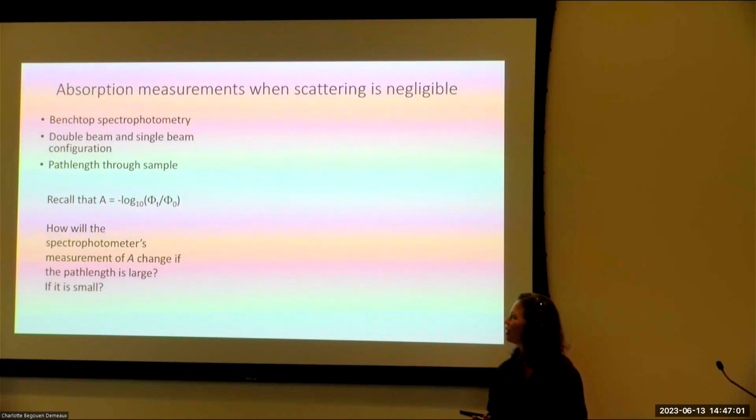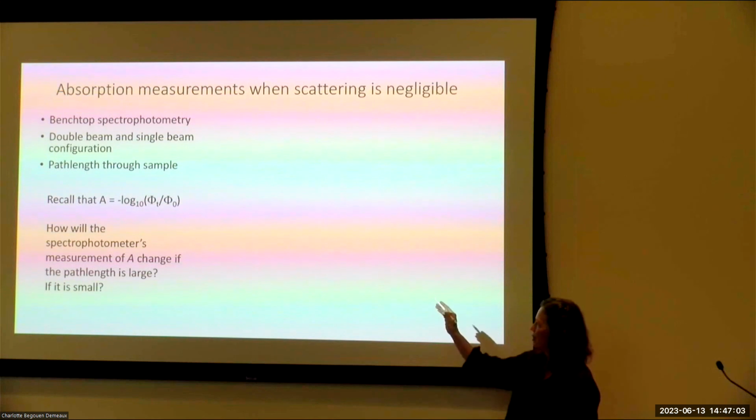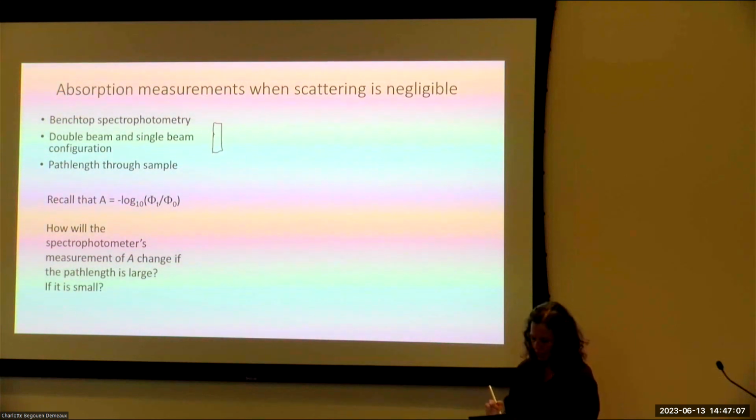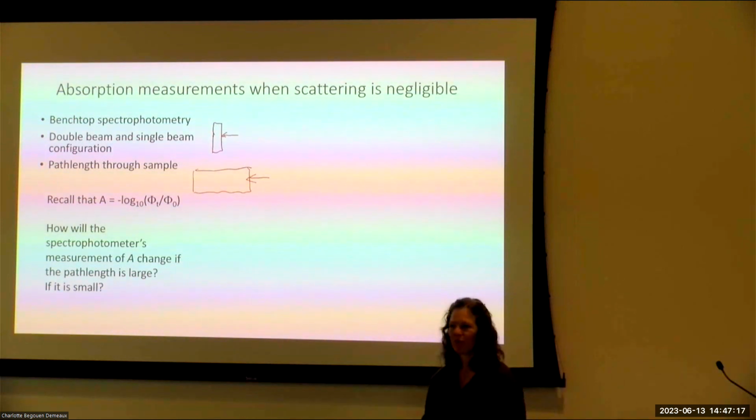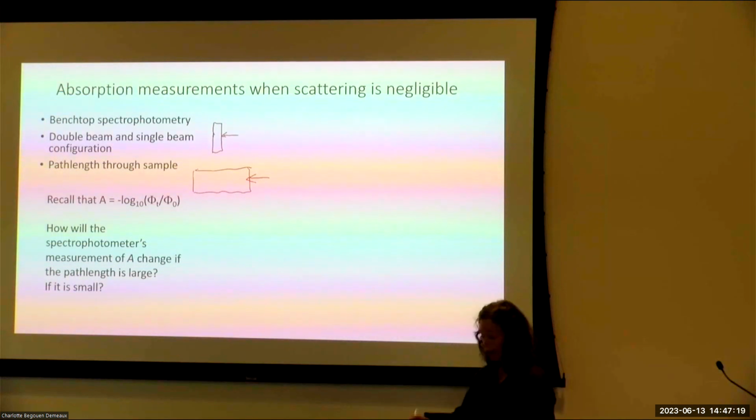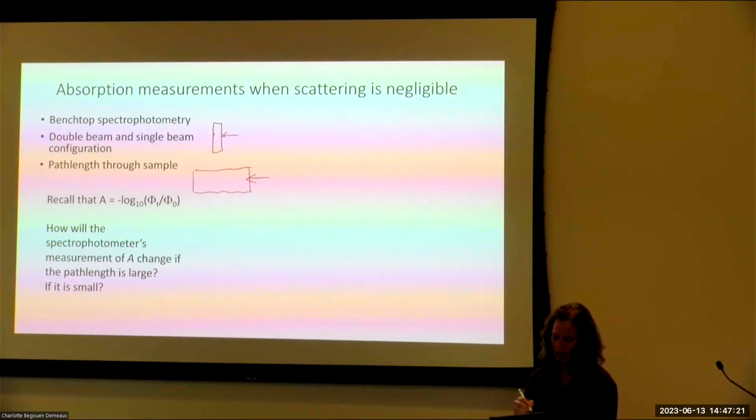Doesn't change. So if we have a sample and light comes in, this one is going to have more light coming out the other side. Okay, so if r is smaller, then this is going to be larger.